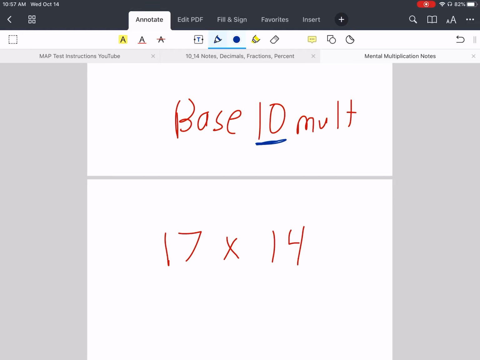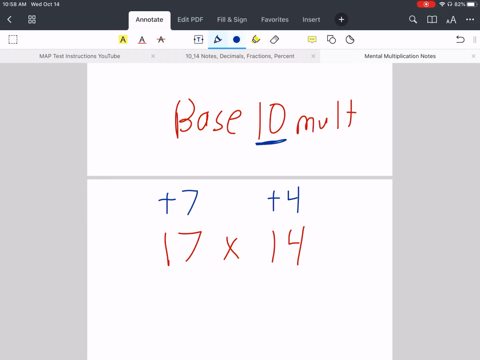In this case, both of these numbers are more than 10. So 17 is 7 more than 10, so that's why I'm writing a plus 7. And 14 is 4 more than 10. So 10 is still our magic number.